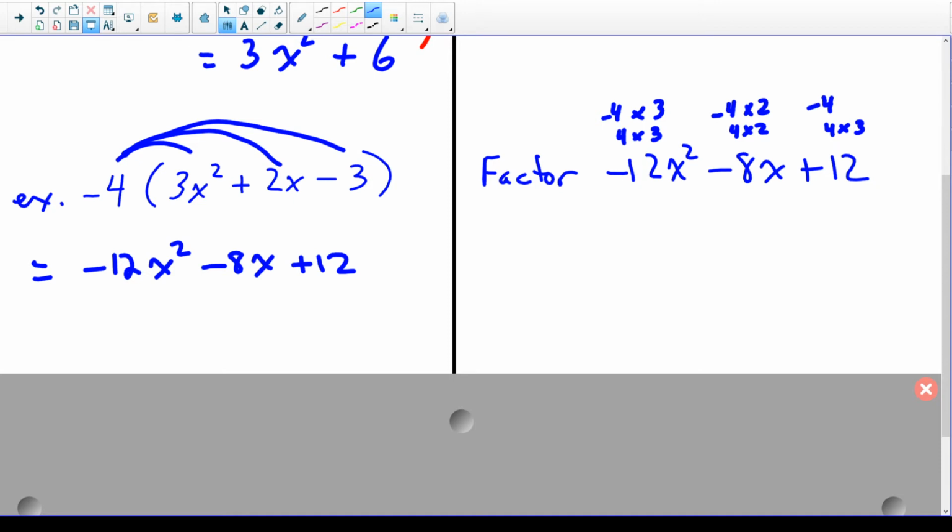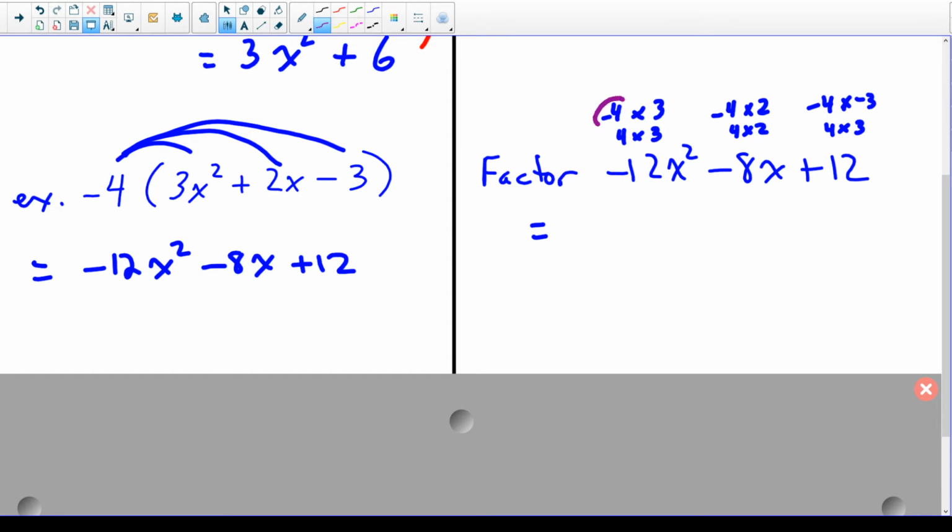For the negative 4 here, we're going to have a 3. Is it going to be a positive 3 or a negative 3 left over? It's a positive 12. Negative 4 times what is positive 12? Negative 4 times negative 3 is positive 12. So now, if I write that negative 4 out in front, actually let me do something here.